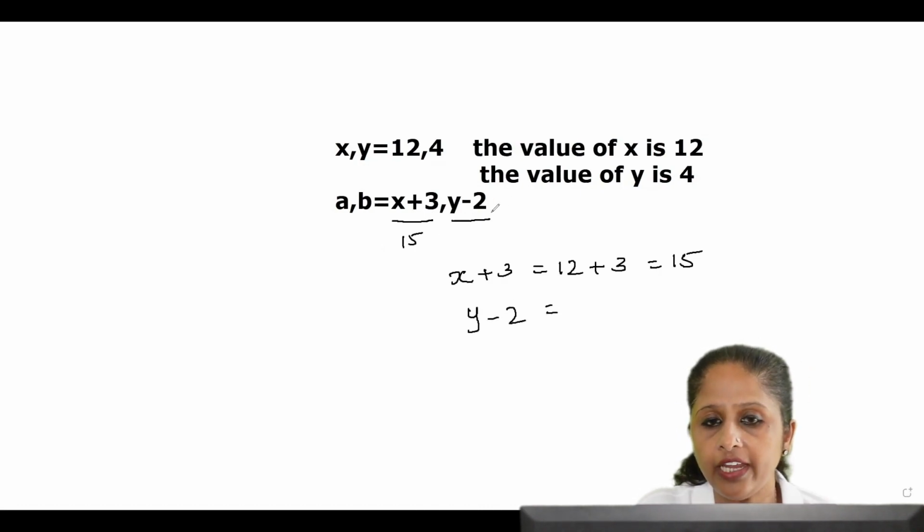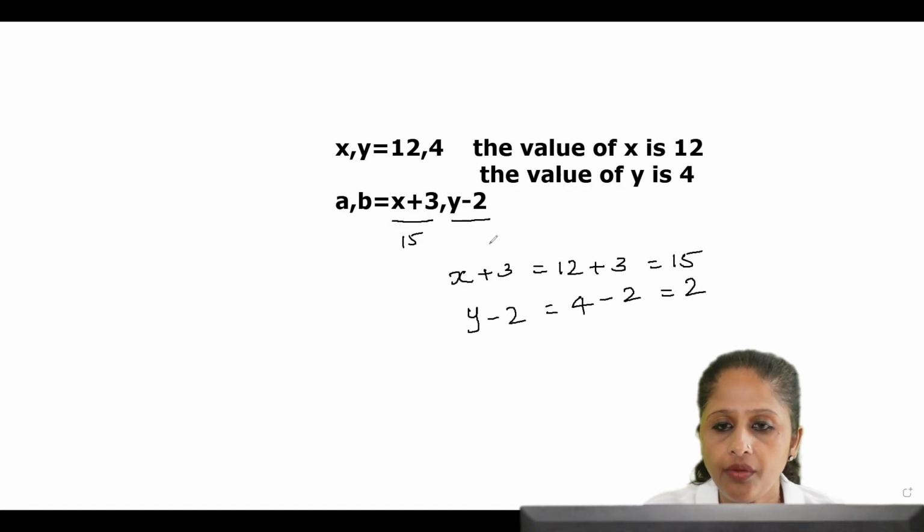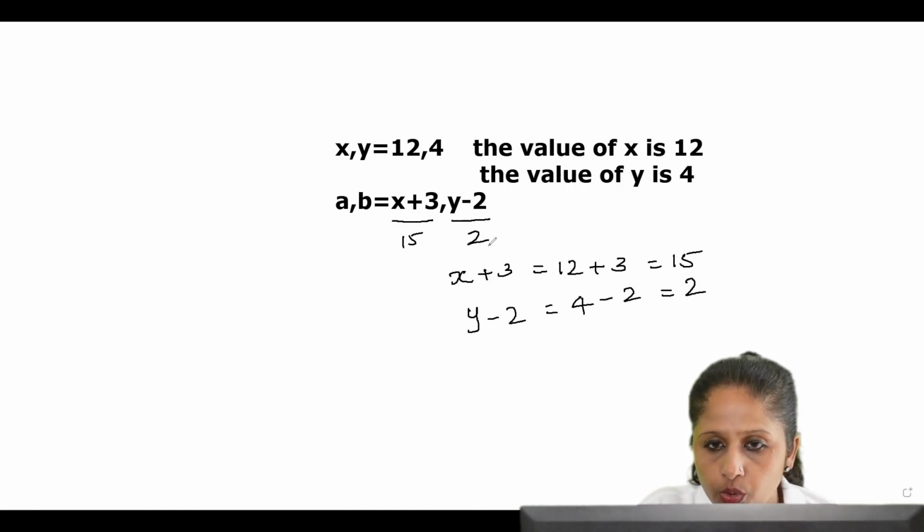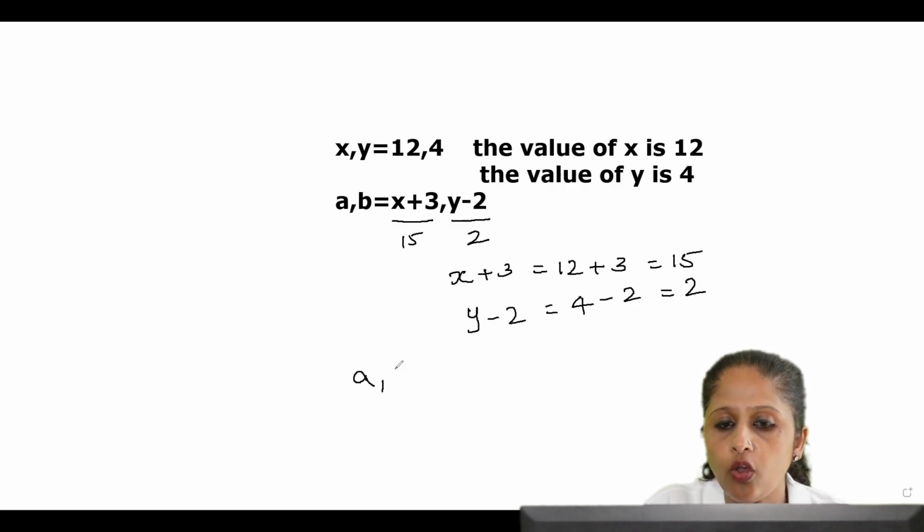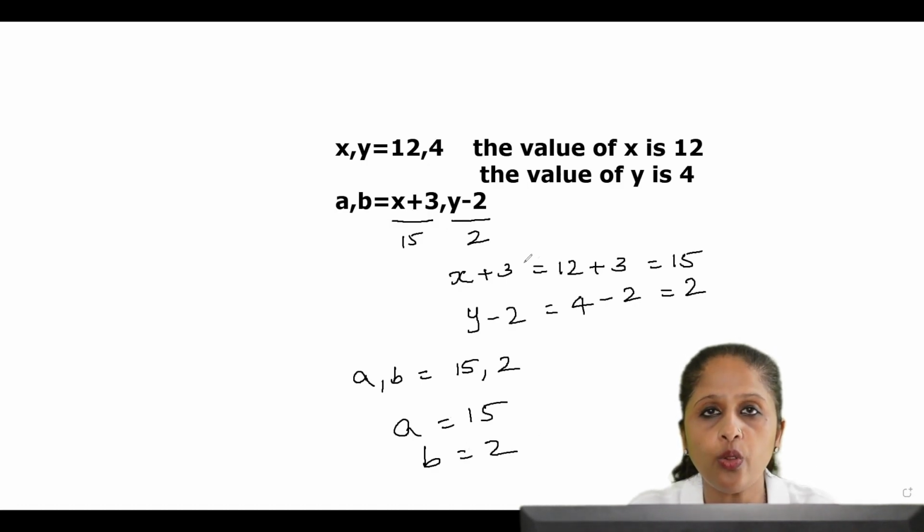Y is now 4, so 4 minus 2 equal to 2. Now a comma b is getting the values 15 comma 2. So a equal to 15 and b equal to 2. That is the order of execution and the values are assigned like this.